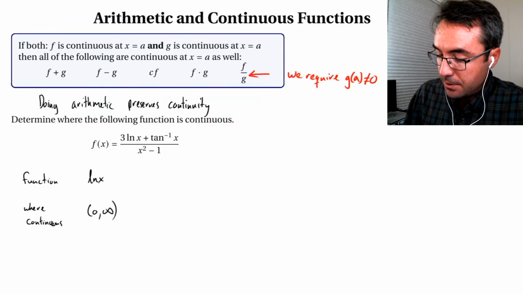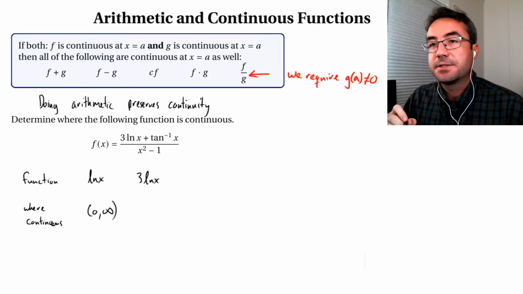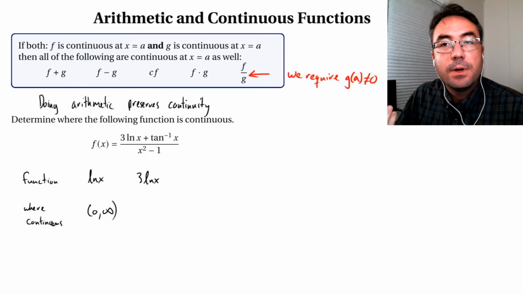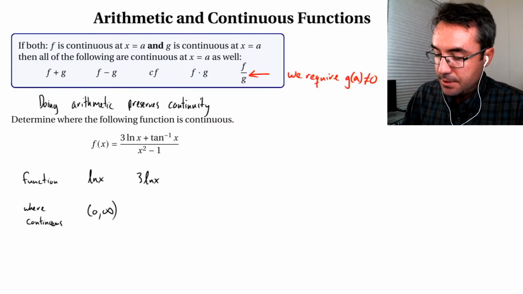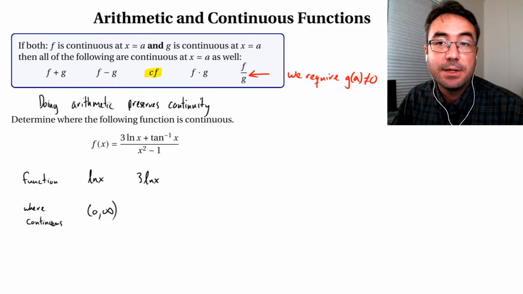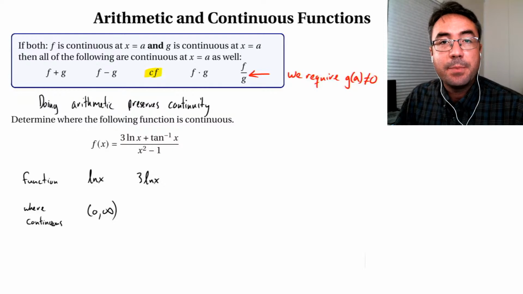Now, what about if we look at this? In the numerator, we have 3 times natural log x. And what are we doing there? Well, we're taking our natural log function, and we're multiplying by a constant multiple. So that's this property here where we're multiplying a function by a constant multiple. And what happens to continuity? Stays the same.